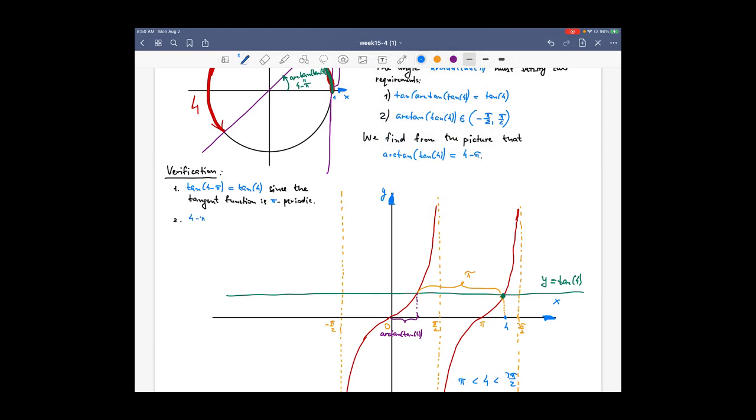We claim that 4 minus pi does belong to the interval negative pi over 2, pi over 2. Well, definitely it's positive because pi is less than 4. And so the only thing that needs to be verified is that 4 minus pi is less than pi over 2.